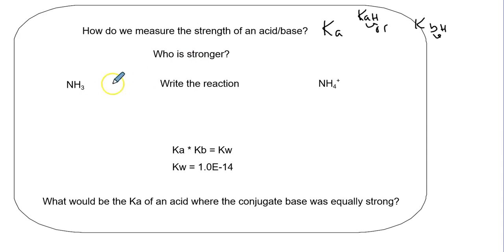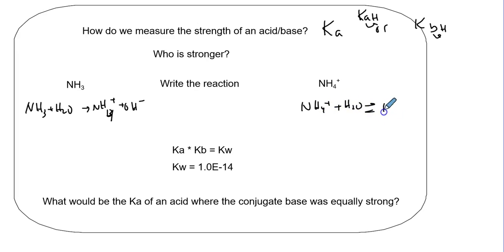All right. So in this situation, we have NH3 plus H2O yields NH4 plus OH negative, and NH4 plus H2O yields NH3 plus H3O plus.